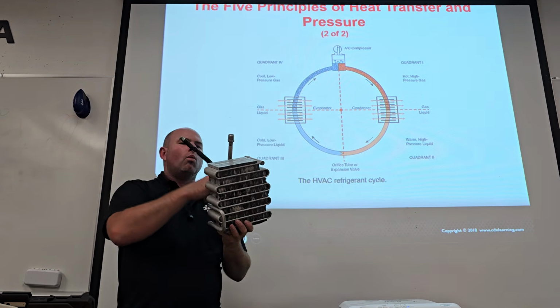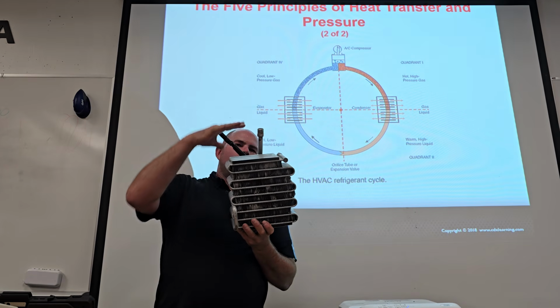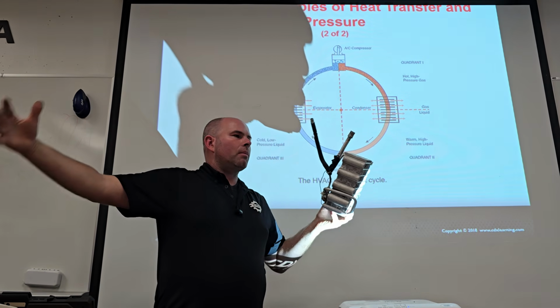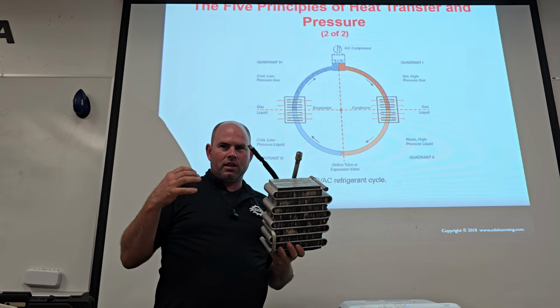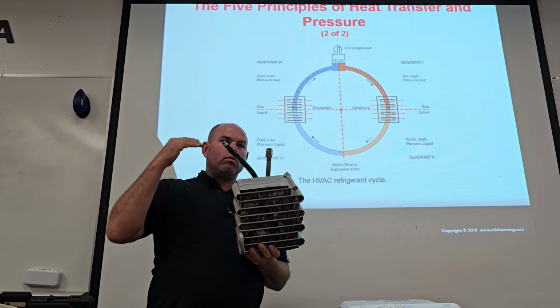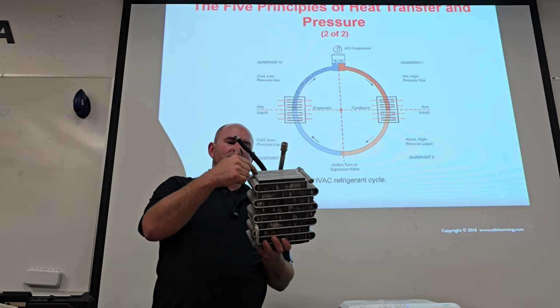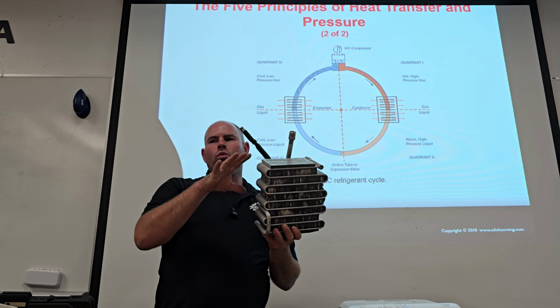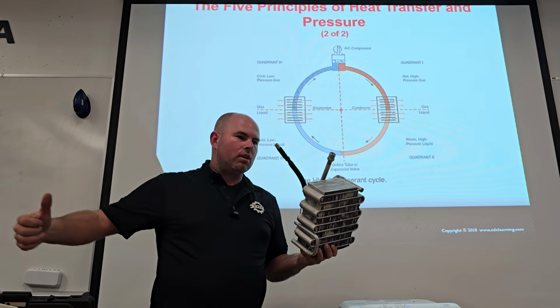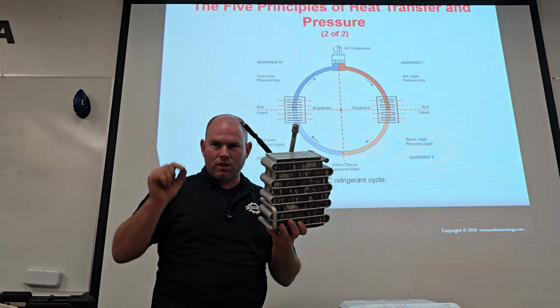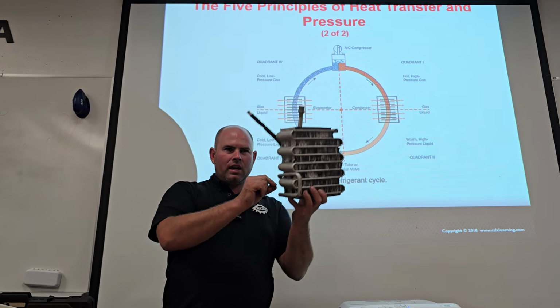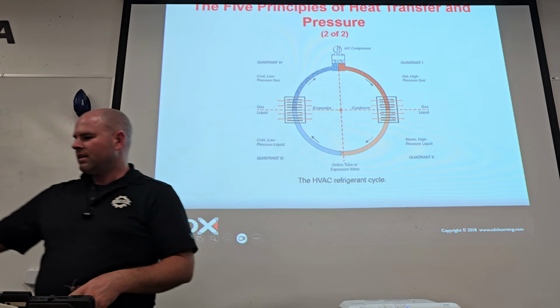That's its job. When it changes from a liquid to a vapor, it absorbs a lot of heat. And that's why you get really cold AC, because this doesn't just cool because it's cool. It's literally grabbing massive amounts of heat because it's changing from a liquid to a vapor inside. It has to. Make sense?